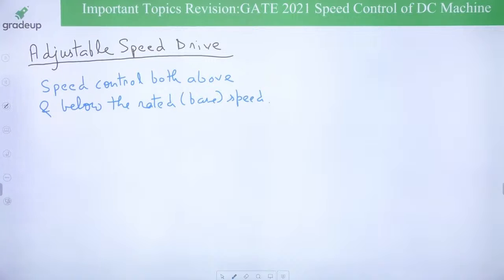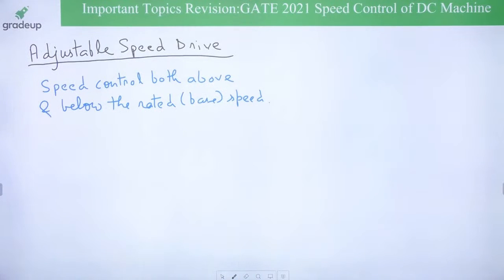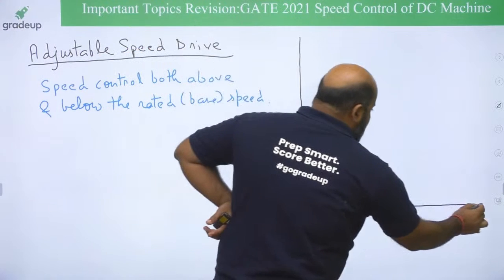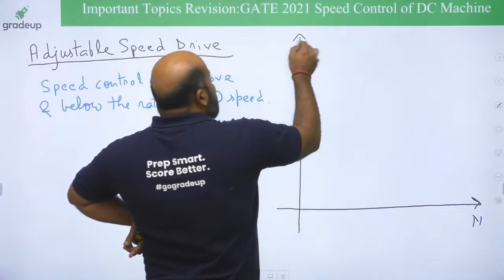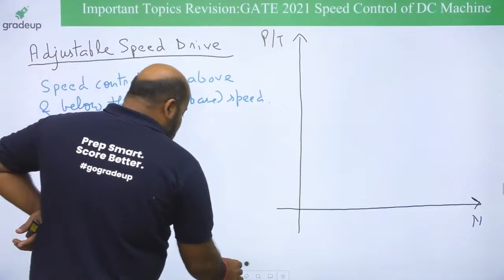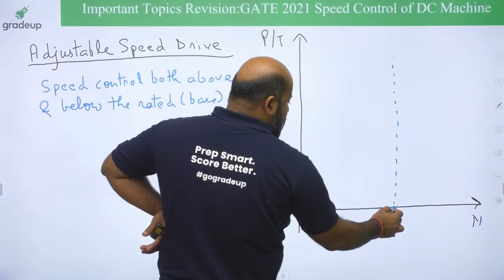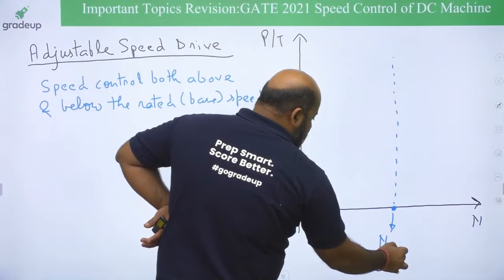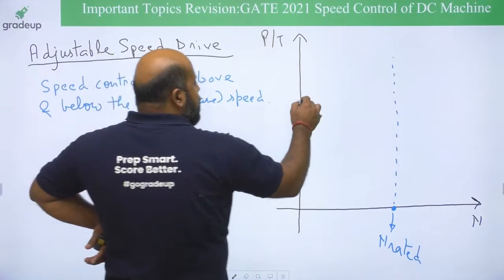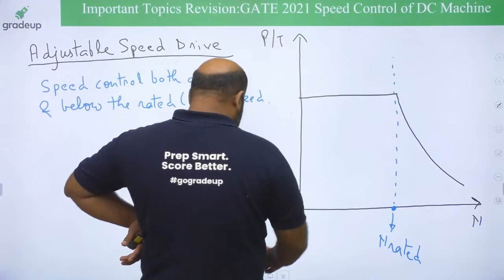and if you see the variation of the power and torque with respect to speed, either power or torque, then if this is your base speed, suppose this is your rated or base speed, then the curve is going to be like this.